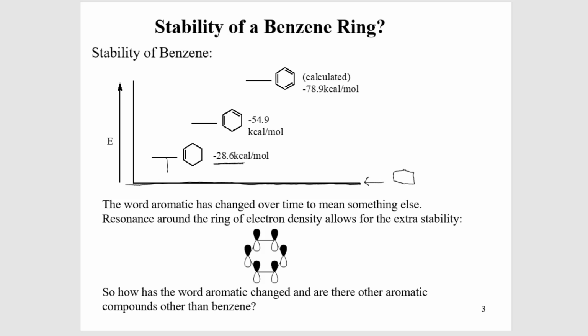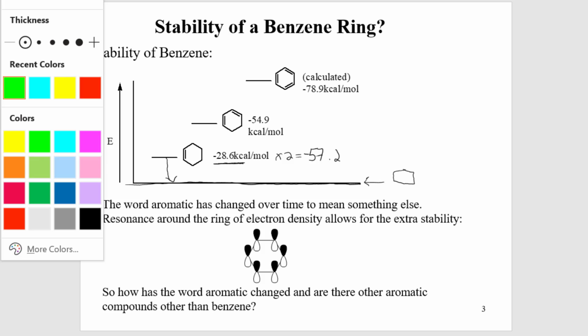Understand that the drop in energy when you hydrogenate, you release negative 28.6 kilocalories per mole. If you multiply this by 2, it gets you roughly to where you're going to see 2 double bonds hydrogenated, right? So if you multiply 28.6 by 2, you get negative 57.2.